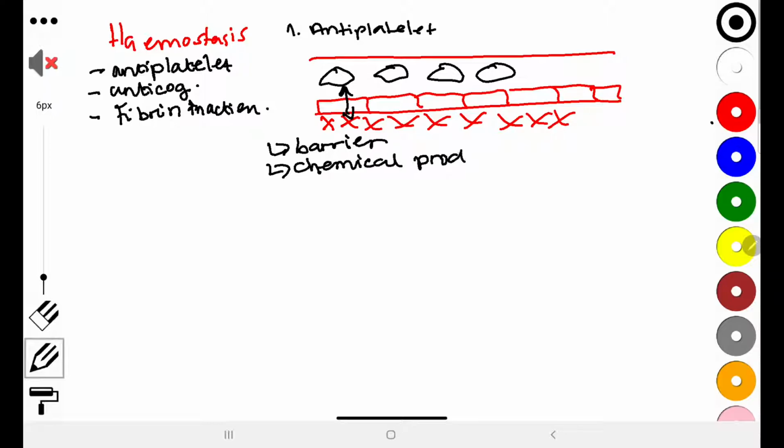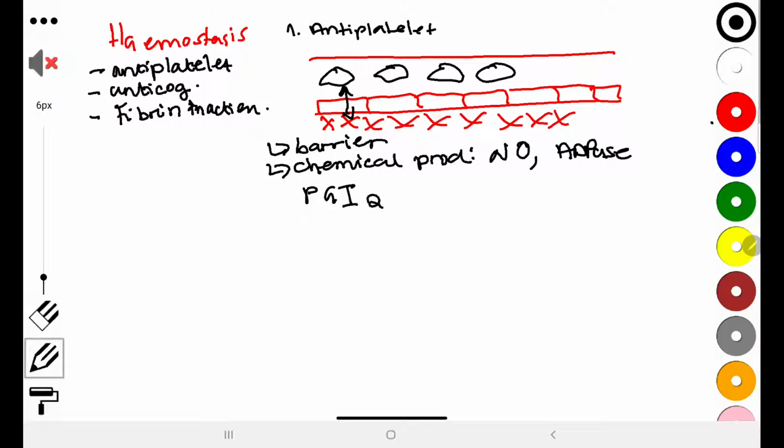This chemical production is to maintain the liquidity or fluidity. So we have nitric oxide, then ADP or ADPase, as well as PGI2 or prostacyclin.